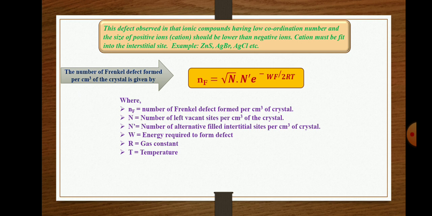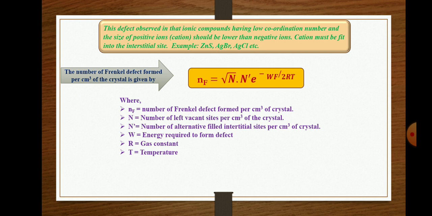So nf, we calculate the number of Frenkel defects, meaning missing of one ion, it may be cation or anion, and created vacancy, that is we have to calculate nf. How is it calculated?